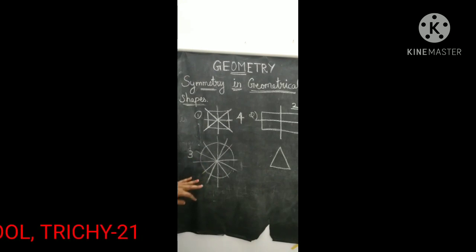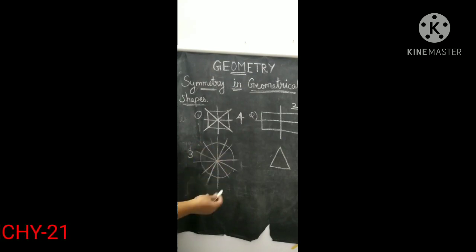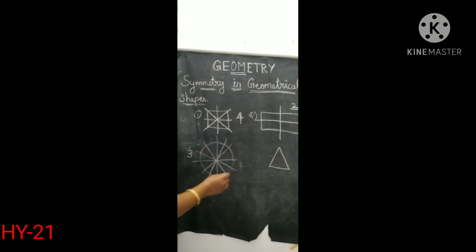A circle has infinite lines of symmetry because it is a curved surface, so it has infinitely many lines of symmetry.